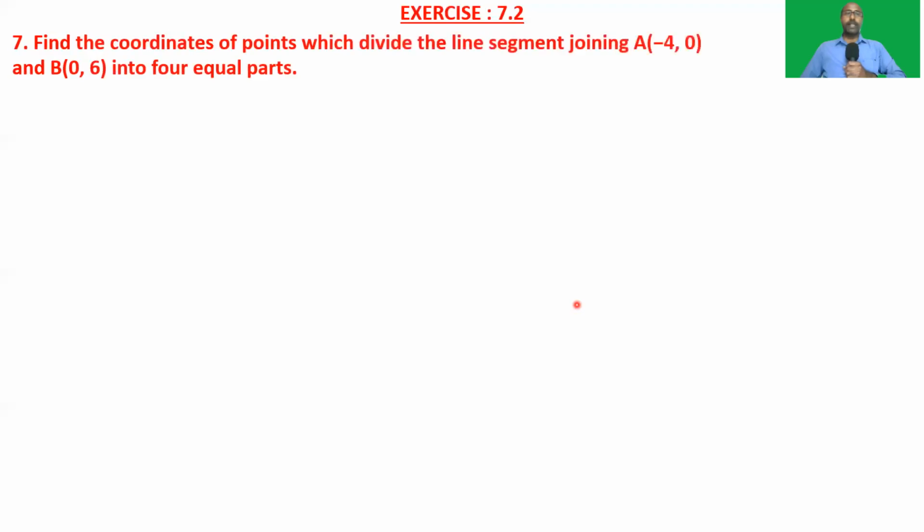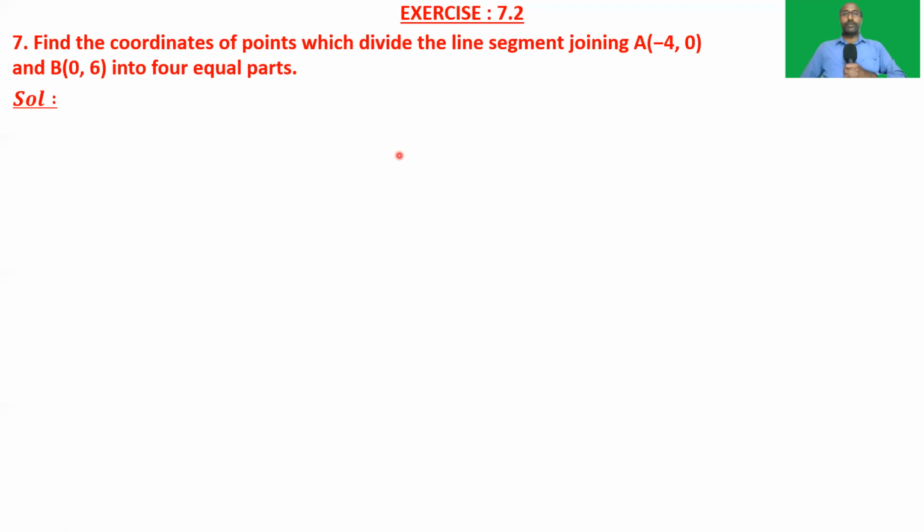Okay. So first, in exercise 7.2, the seventh problem: find the coordinates of the points which divide the line segment joining A (-4, 0) and B (0, 6) into 4 equal parts. So here the ends of the line segment A and B are given.